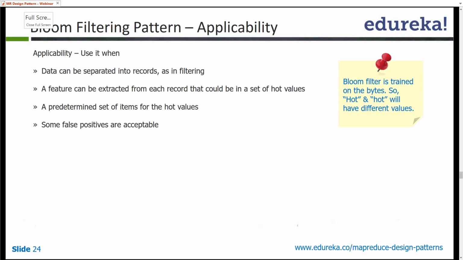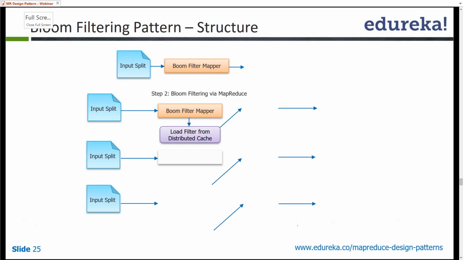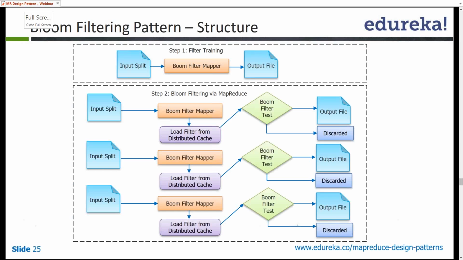I think I missed talking about this, maybe I'll talk about it in slides soon coming. Oh yes, this is here. So as you can see, the structure of the Bloom filter pattern: you have a training part in Bloom filter, and then the second part is the searching part. Okay.